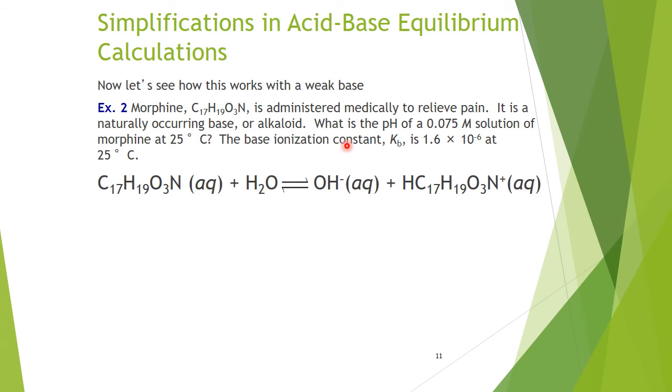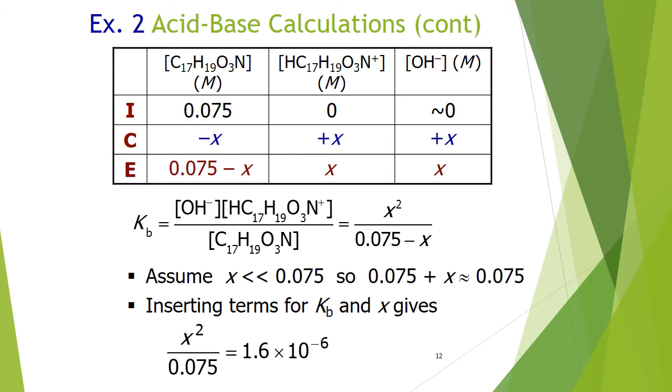So right now you just run through it, and we're going to use this value. Set up an ICE table. Initial values are 0.075, 0, 0. And gain, lose, and so these are your final concentrations. And this is the key one right here, and you can tell they're all X. So you set up the Kb, here's the equation over X squared.